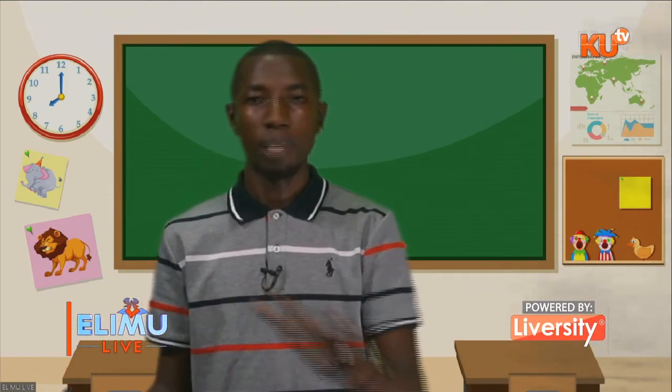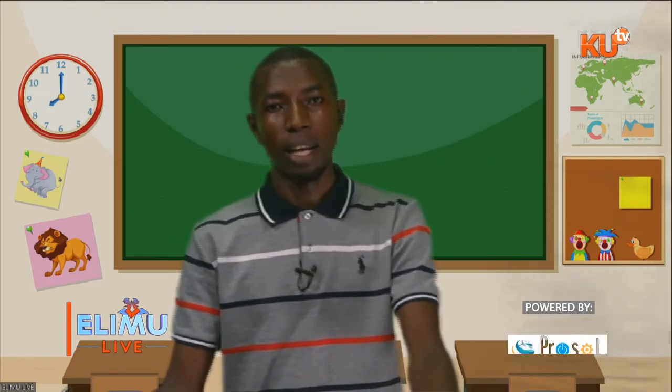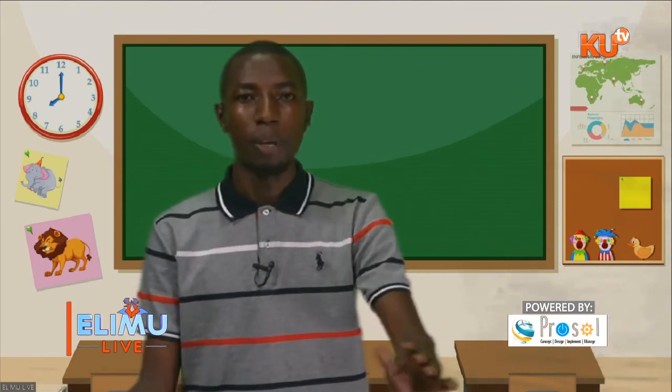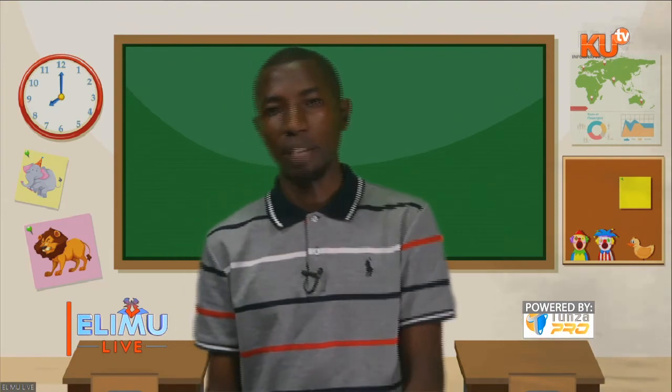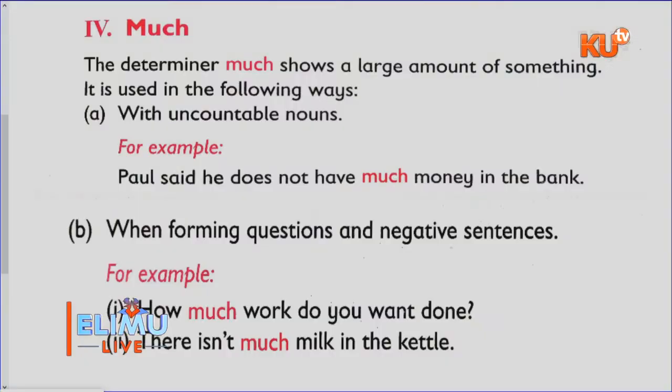Many pupils were in the classroom. Many people are discouraged from meeting. Many houses were sold, the example that I had given earlier. So we continue. When forming questions and negative sentences, for example, how much work do you want done?